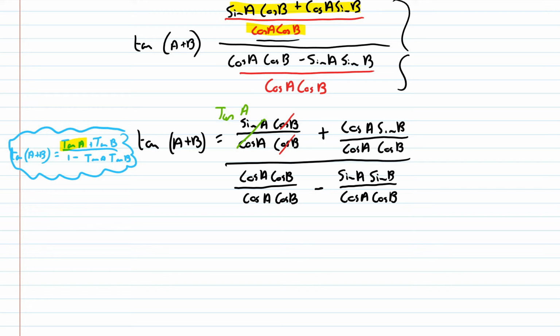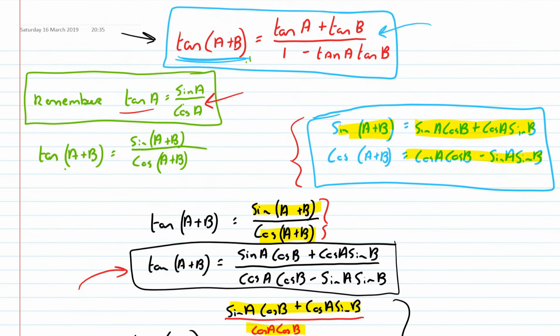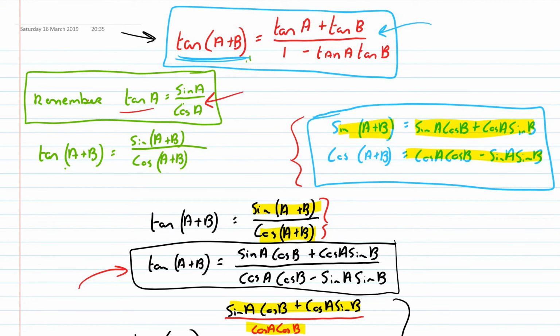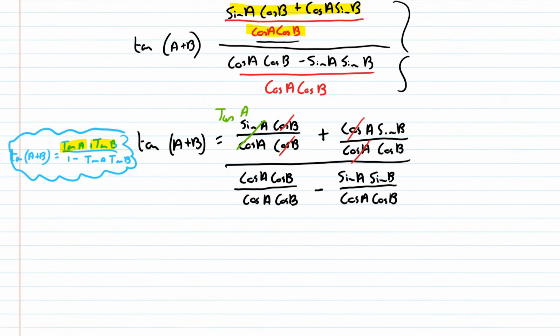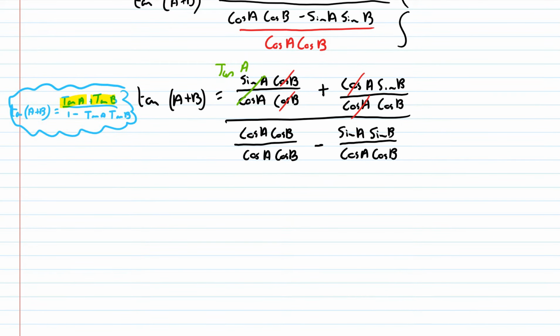I want that to look like tan B. Well, I have a cos A and a cos A, so they'll cancel each other out. And I have a sine B over cos B. But look, again, sine A over cos A is tan A, so sine B over cos B will be tan B. So that's great. So we've the numerator looking like this. Brilliant.